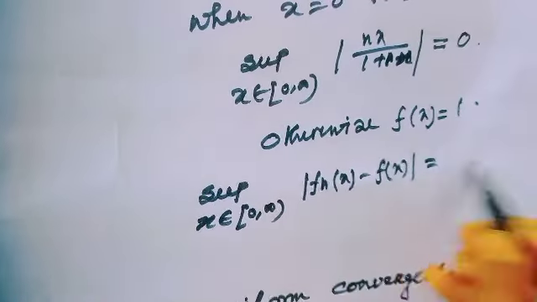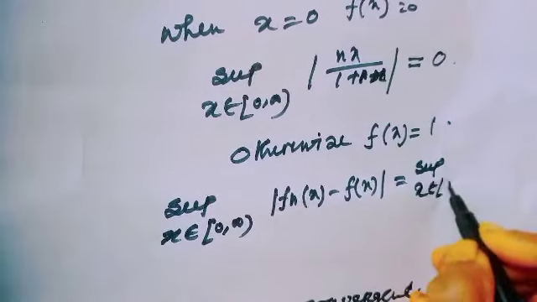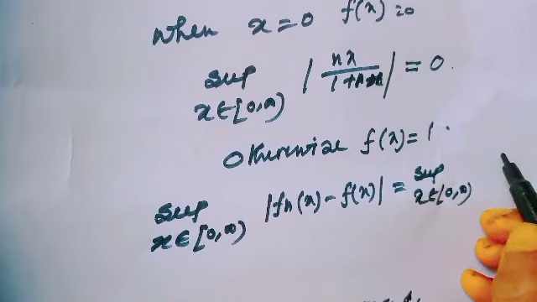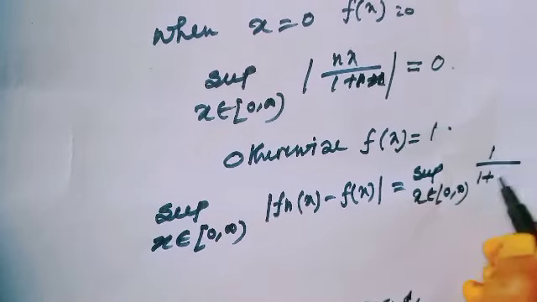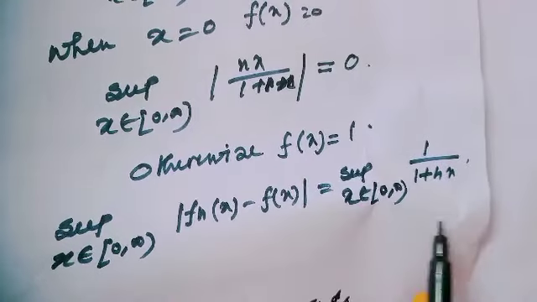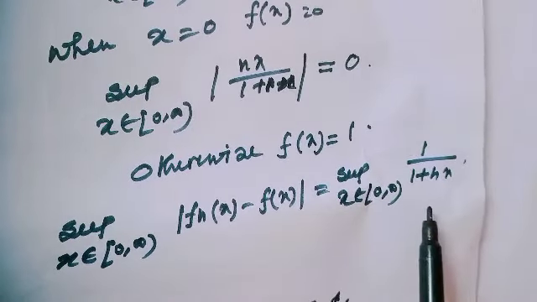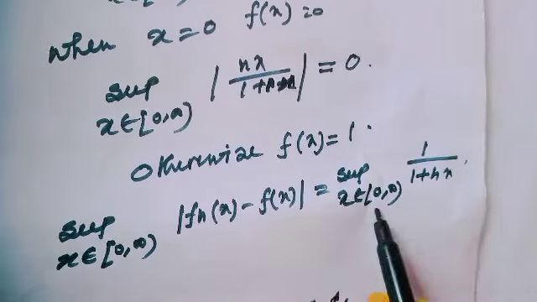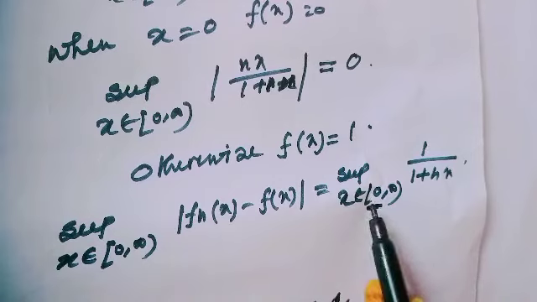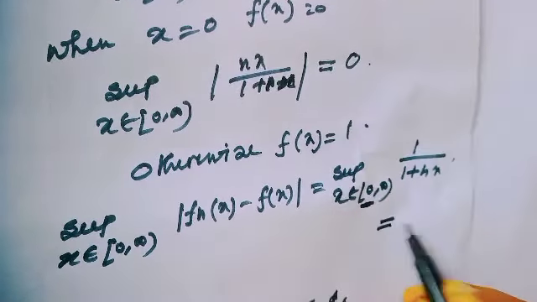If we put the values, this would be the supremum of 1 over 1 plus nx. And similar to before, since the function is monotone decreasing, obviously the maximum value exists at the point 0. And at the point 0, the supremum value is 1.